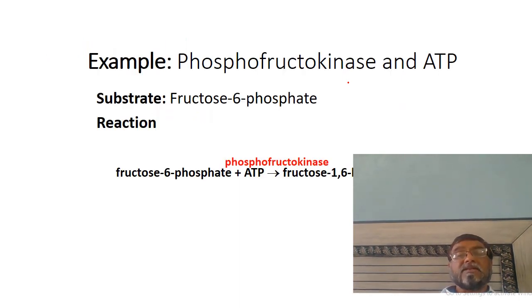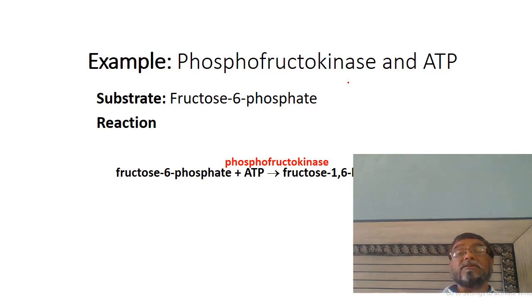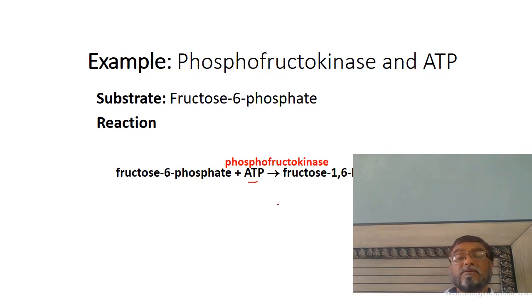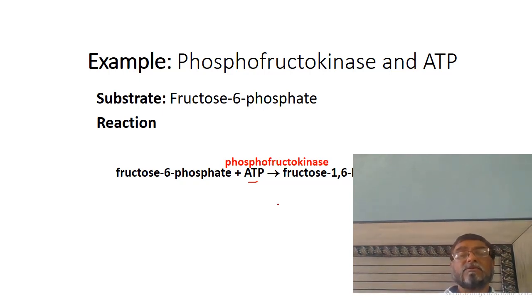So look at how ATP is acting as the inhibitor when the cell level of ATP is higher. This higher ATP is acting as the non-competitive inhibitor of phosphofructokinase. So the cell stops utilizing the ATP to maintain its energy level.